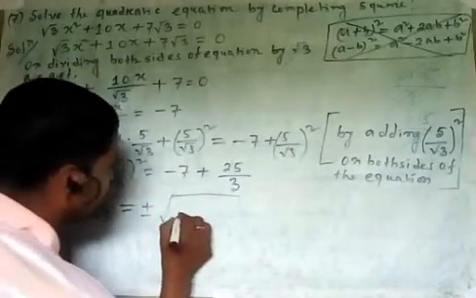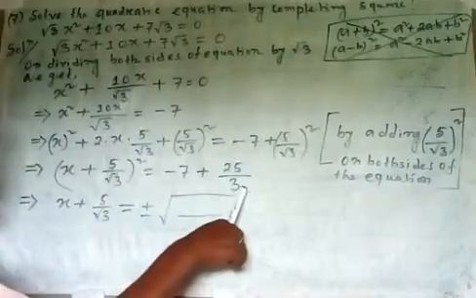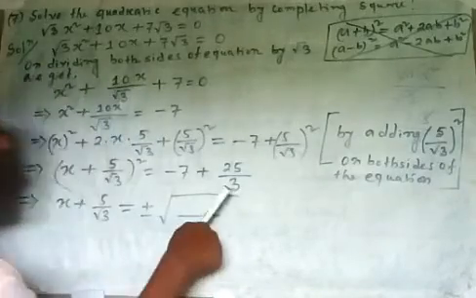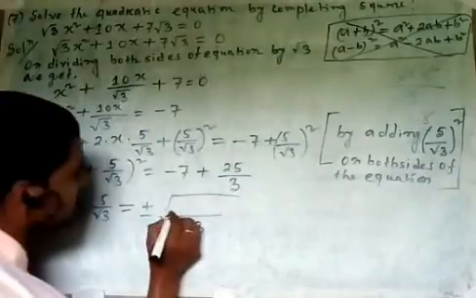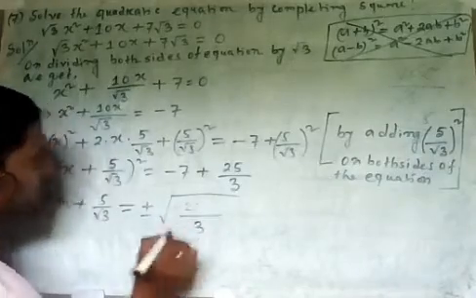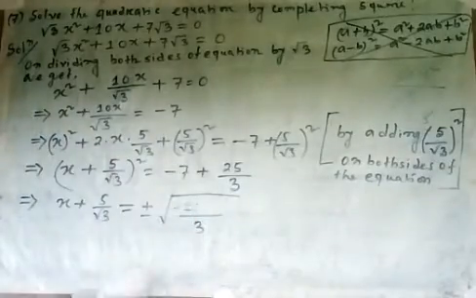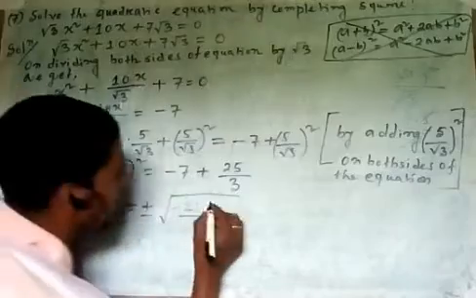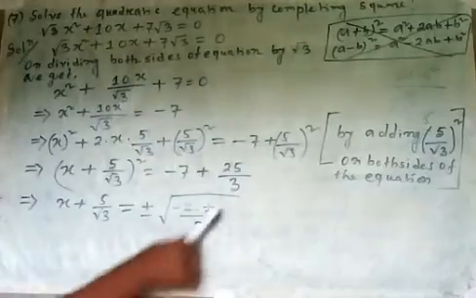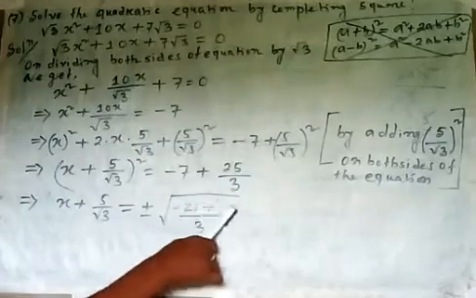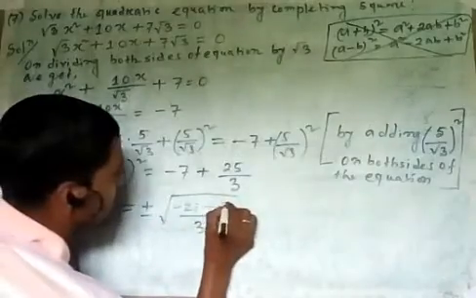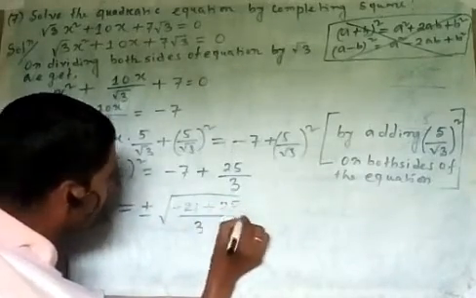Now look, 3 is the denominator. So 3 into minus 7, how much? Minus 21. Plus is plus. Then 3 divided by 3, 1. 1 into 25, 25.